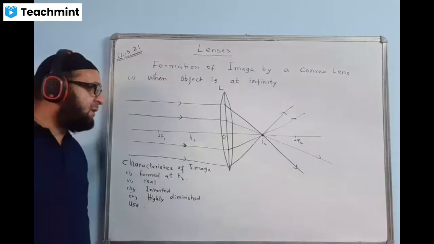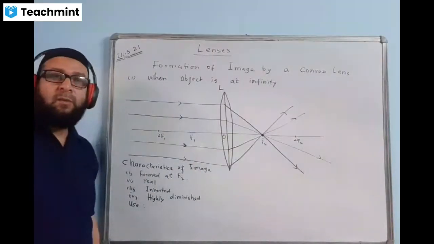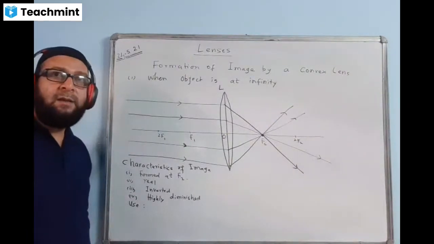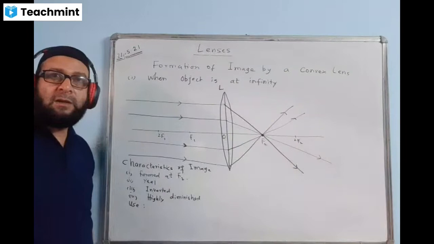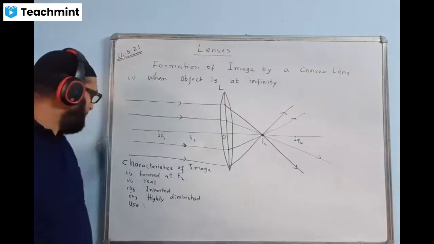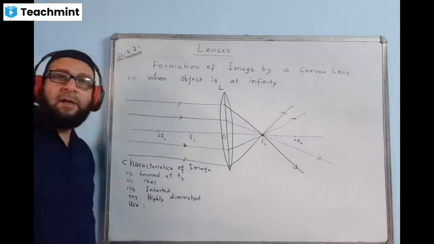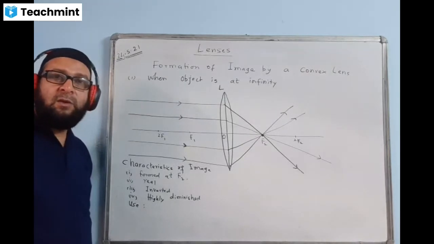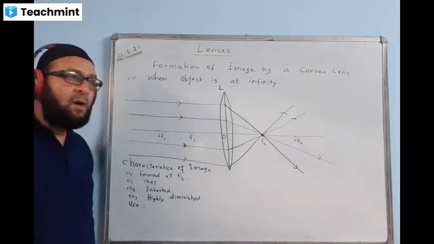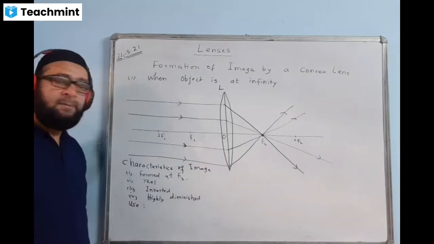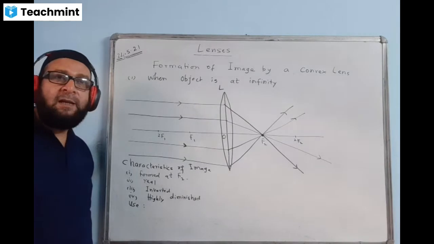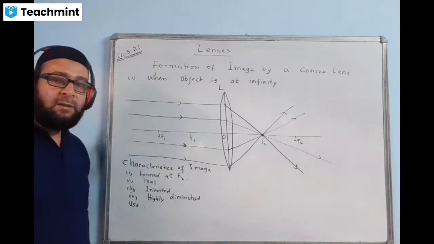This action of convex lens is used in a burning glass. Burning glass.